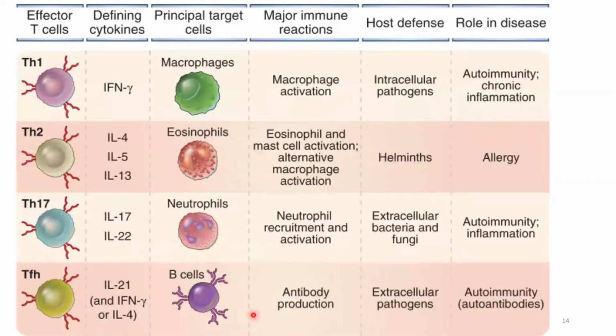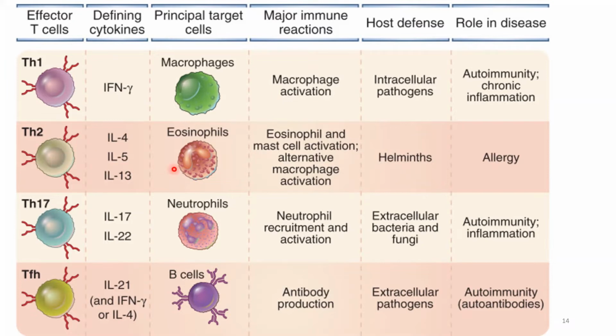Okay, and this slide shows the various effector T cells that can defend against bacterial infection. T helper 1 is the T cell that can secrete interferon gamma to help macrophages. So macrophages that engulf pathogens can have an active reaction to kill the intracellular pathogens they engulf.